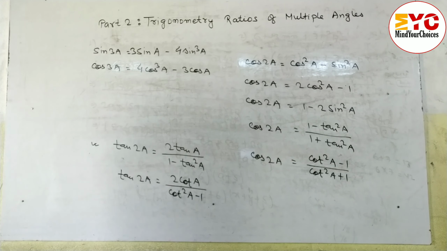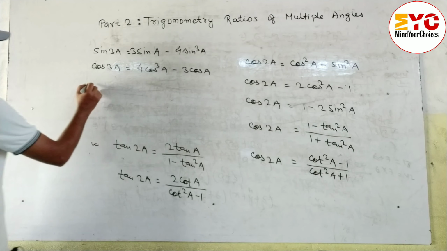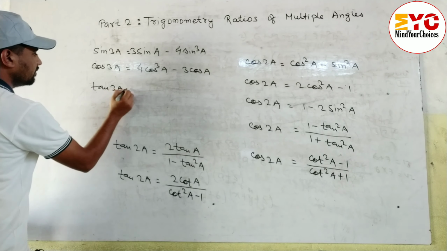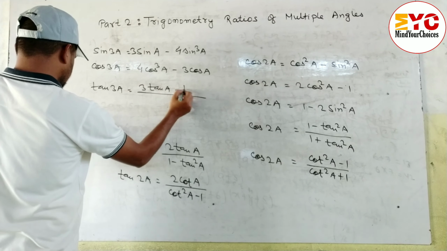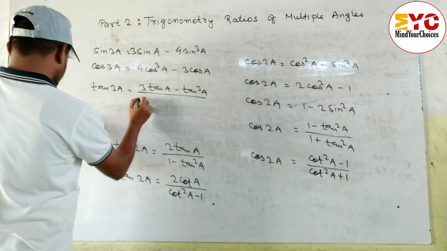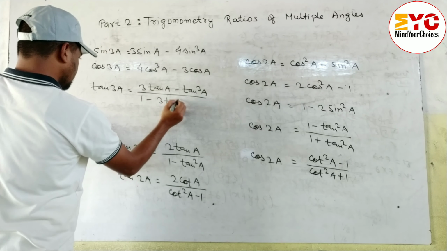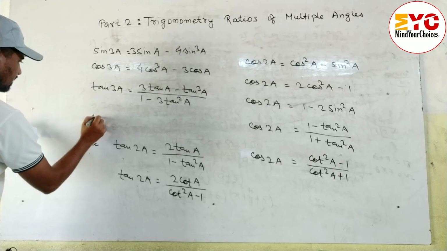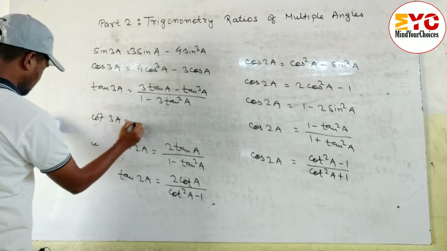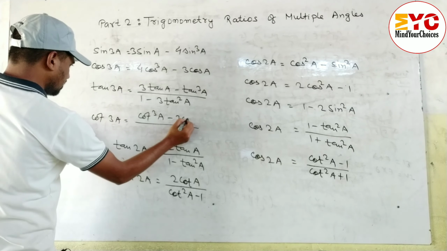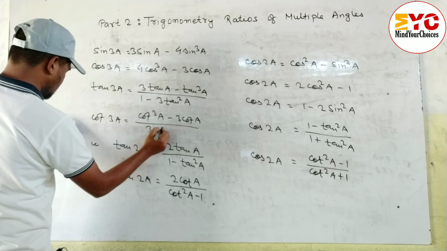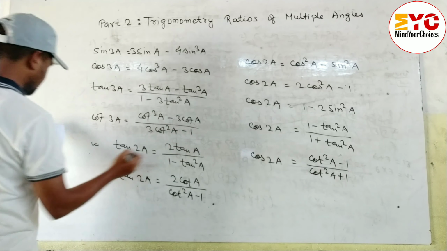Similarly, tan 3a formula is 3 tan a minus tan cube a by 1 minus 3 tan square a. Similarly, cot 3a formula is cot cube a minus 3 cot a by 3 cot square a minus 1.